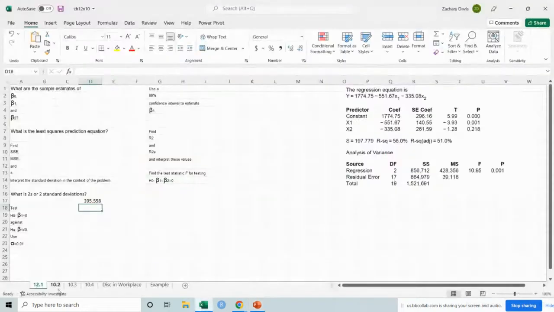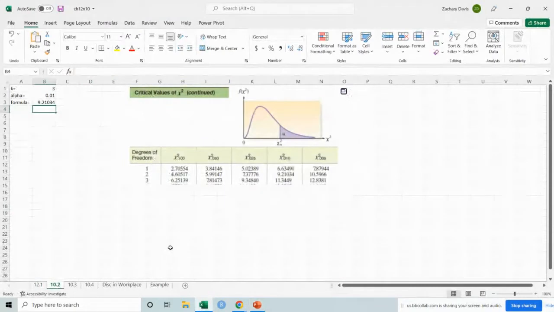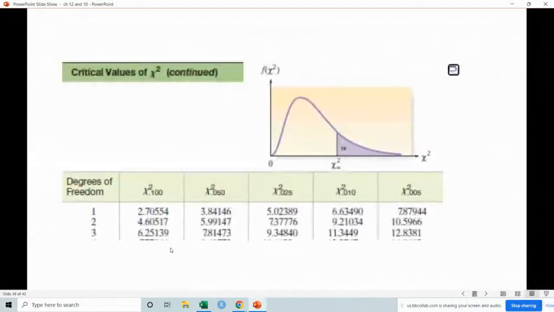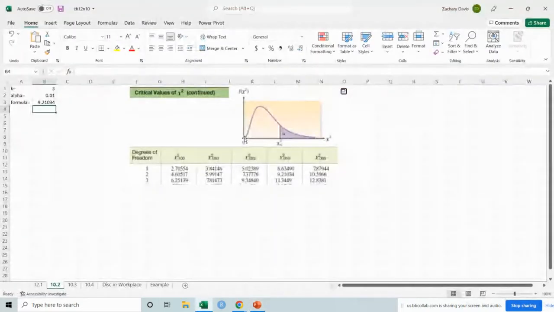Let's see, I think I have an example for that. Okay, so we have our chi-square curve, and let's say we wanted to look up some particular value. If we have k equals 3, that means we have 3 categories, and we want to look at alpha equals 0.01.